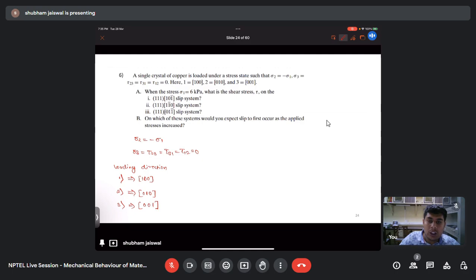We can see that sigma 1 will give some resolved shear stress, tau r1, and similarly sigma 2 will also produce some resolved stress, tau r2. So the total shear stress will be the sum of these two. Let me write it down.